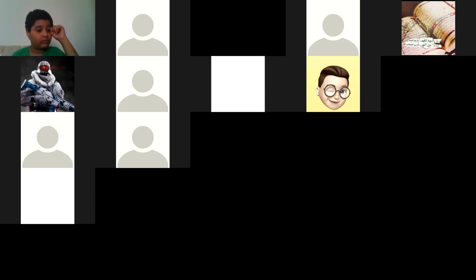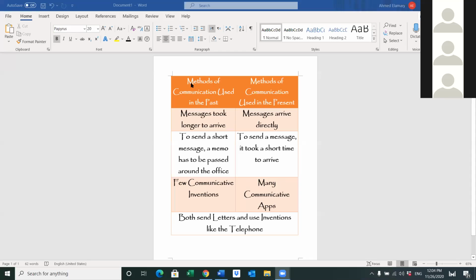Okay, so this is methods of communication used in the past and methods of communication used in the present. The two are a contrast and one row is a compare. Messages took longer to arrive in the past and messages arrived directly in the present. In the past, to send a short message, a memo had to be passed around the office.